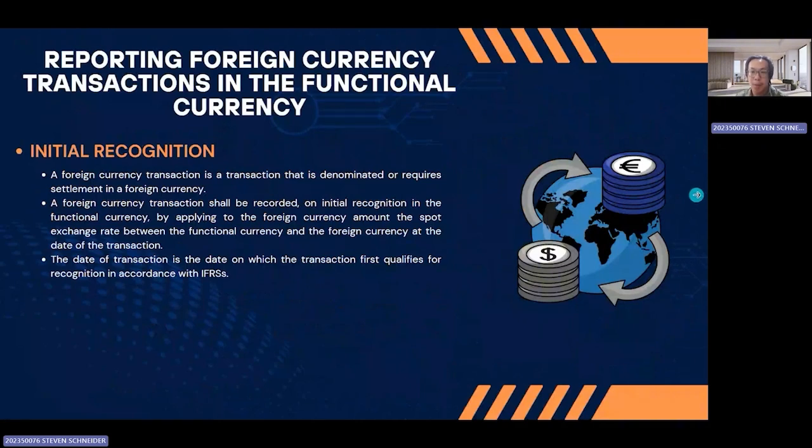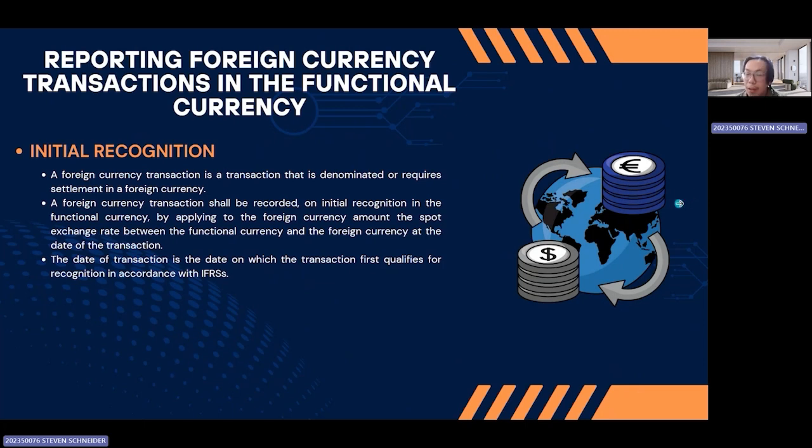Okay, here I'm going to explain reporting foreign currency transactions in the functional currency. The first is initial recognition. There are some points to highlight. First, a foreign currency transaction is a transaction that is denominated or requires settlement in a foreign currency.